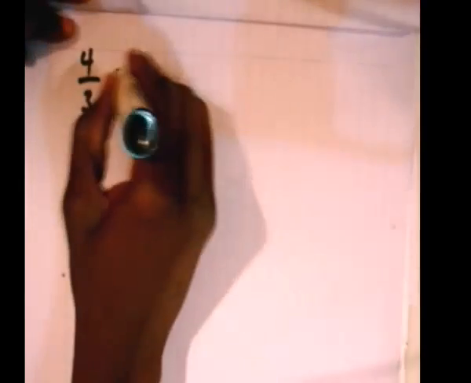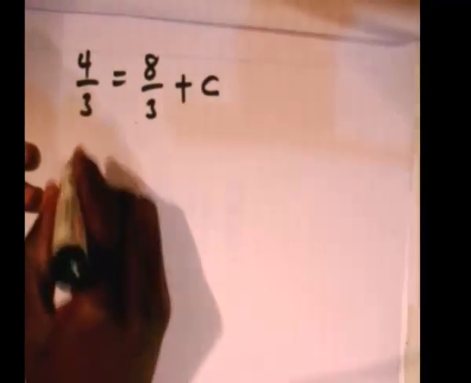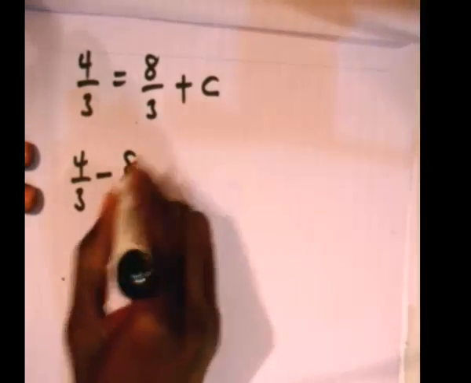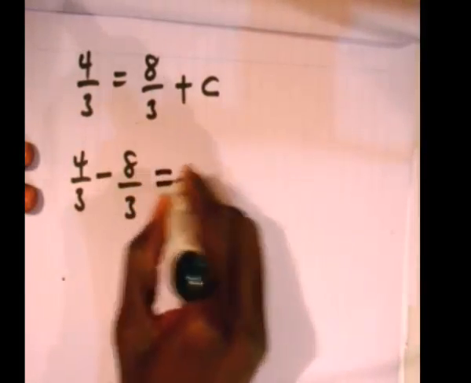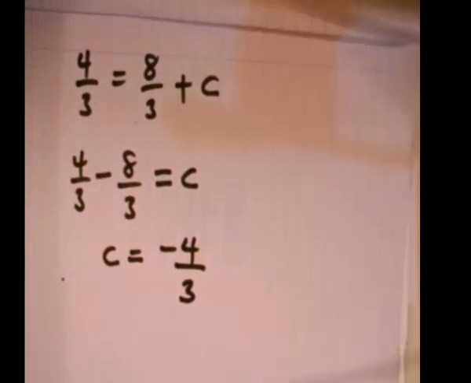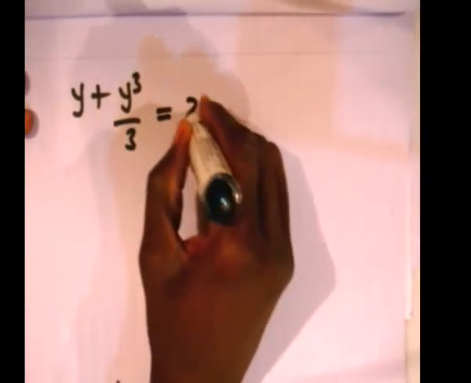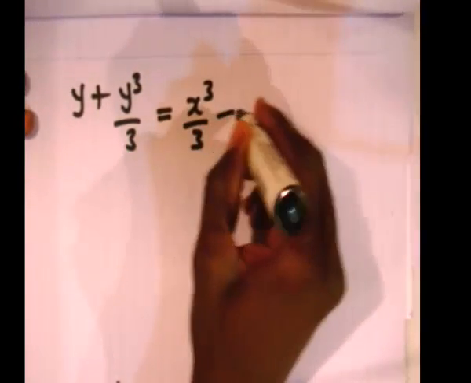We have 4 on 3 equals 8 on 3 plus c. 4 on 3 minus 8 on 3 equals c. So c here equals minus 4 on 3. So let's obtain the particular solution by introducing the value of c into the main equation. Doing that, we have y plus y cubed on 3 equals x cubed on 3 minus 4 on 3.